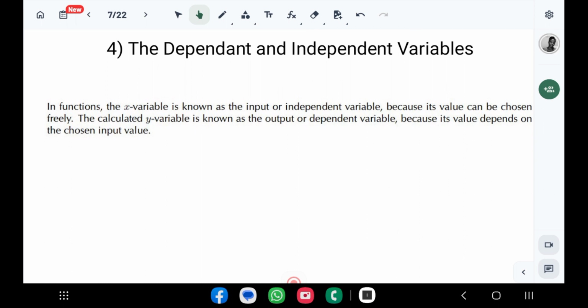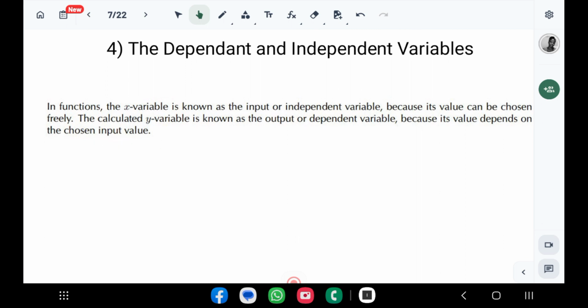Now let's look at the dependent and independent variables. Who's who in the zoo? In functions, the x variable is known as the input or independent variable because its value can be chosen freely. The calculated y variable is known as the output or dependent variable because its value depends on the chosen input value.